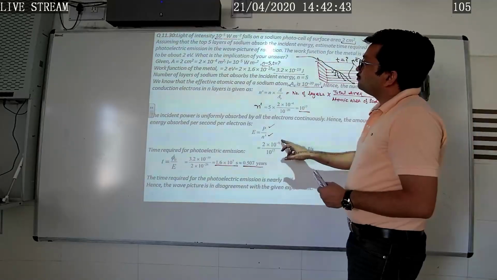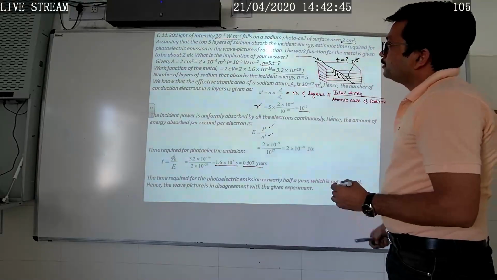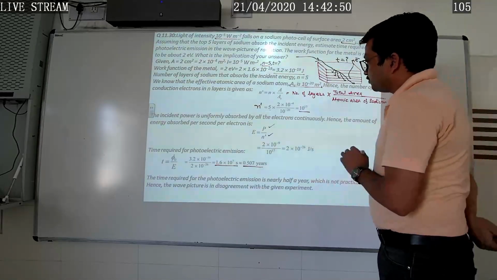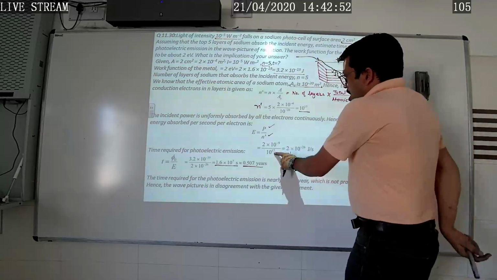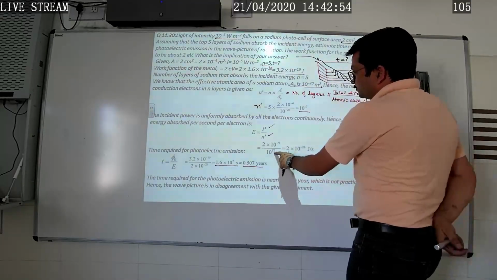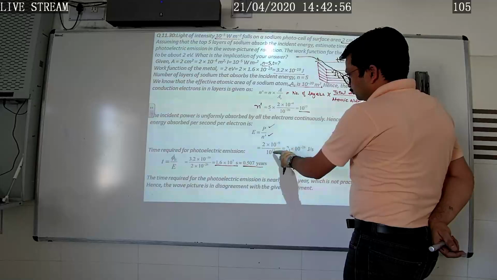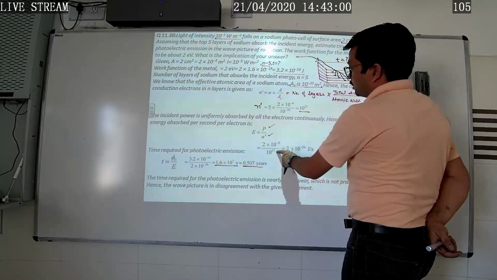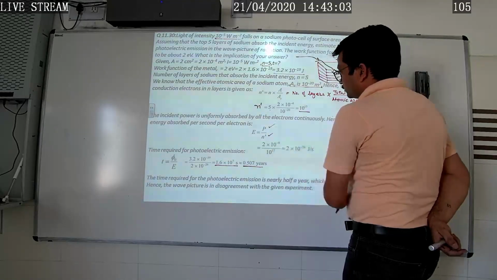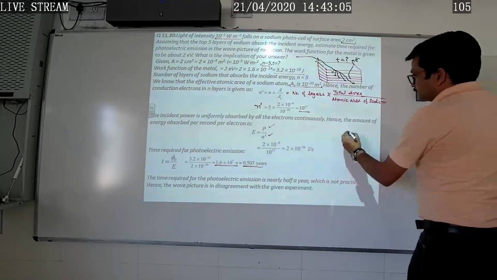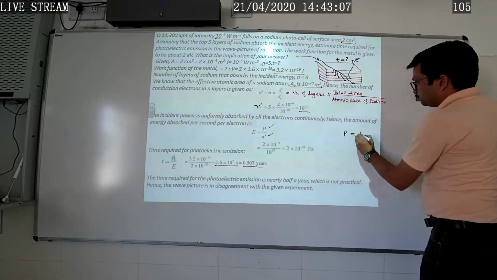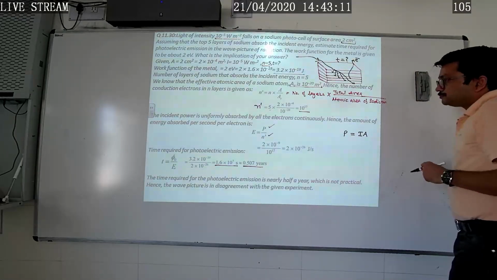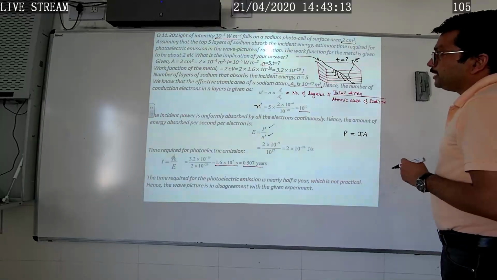So here one thing should be noted. This value of the intensity is 10 to the power minus 5 watt per meter square. How? Because P is equal to I into A, intensity into area.